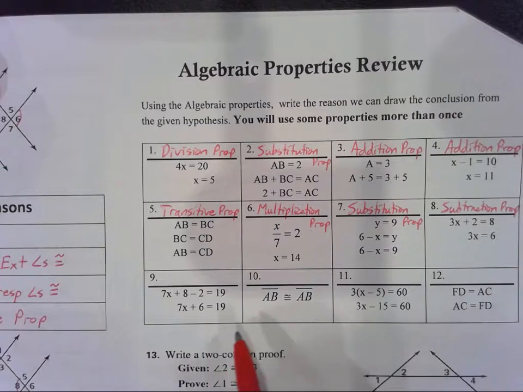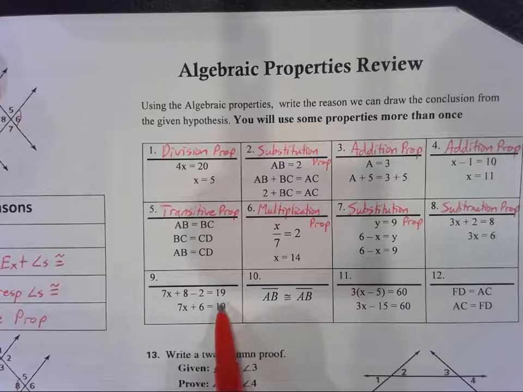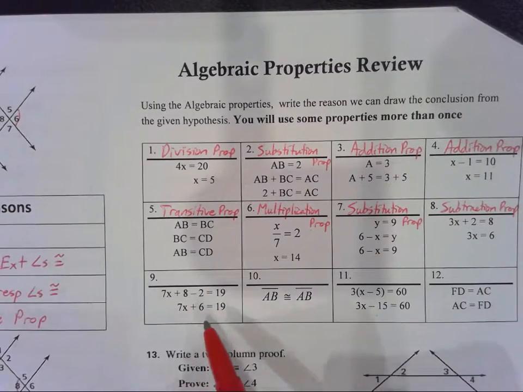Number 9, 7x plus 8 minus 2 equals 19 is given. What changed to make 7x plus 6 equals 19? The 19 didn't change, so I'm not doing something to both sides of the equation. 7x stayed, it's just that 8 minus 2 simplified to get 6.